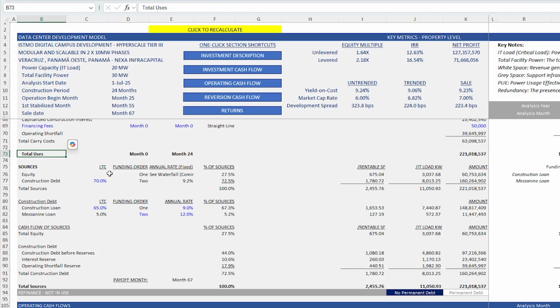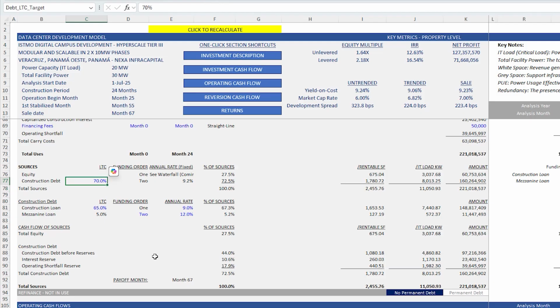In this model, Arturo has included the ability to do 2 tranches of construction debt. That is entered here, some percentage of the total cost as total construction debt, and then you can break down the ratio between construction and, if you have a secondary debt piece, mezz debt or some other secondary debt piece.